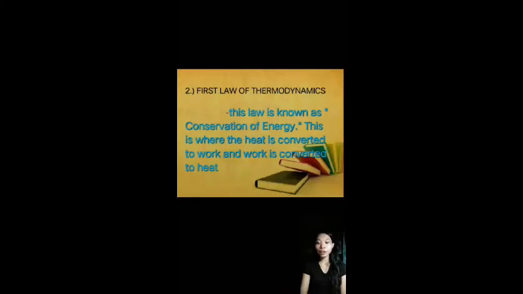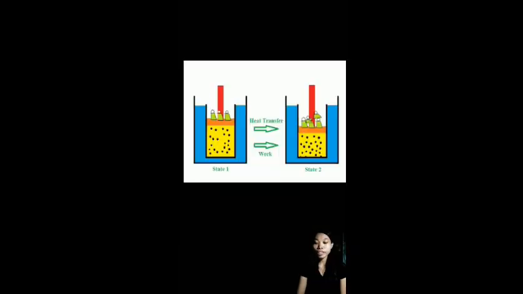Let's proceed to the first law of thermodynamics. The first law is known as conservation of energy. This is where heat is converted to work and work is converted to heat. This is a figure that shows the process of the first law.